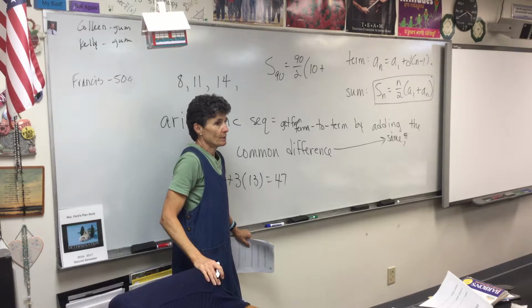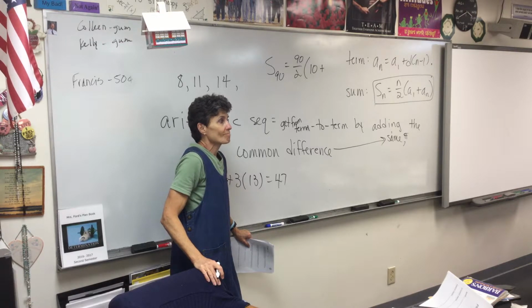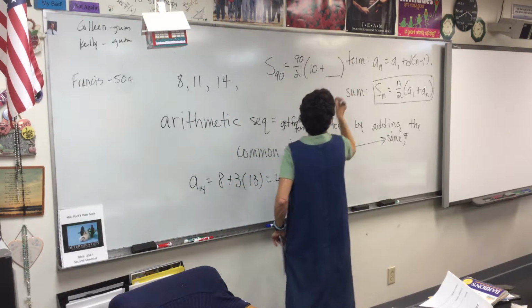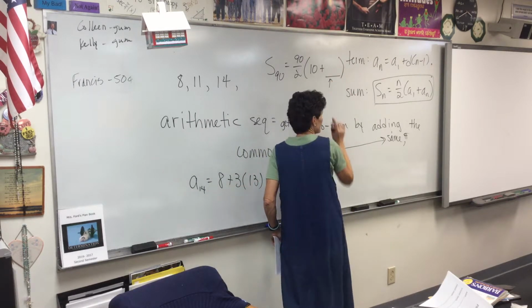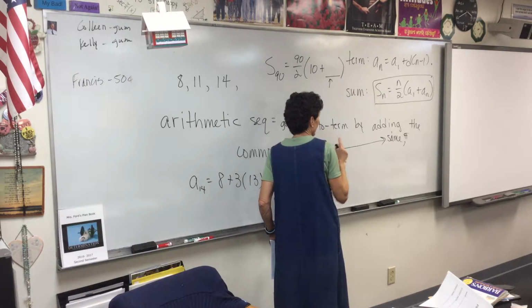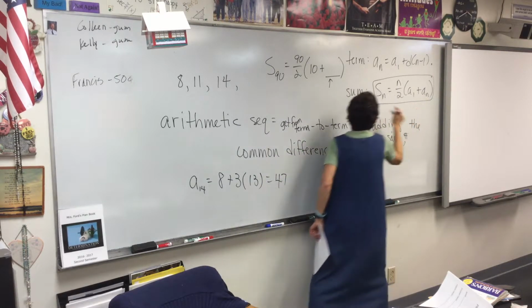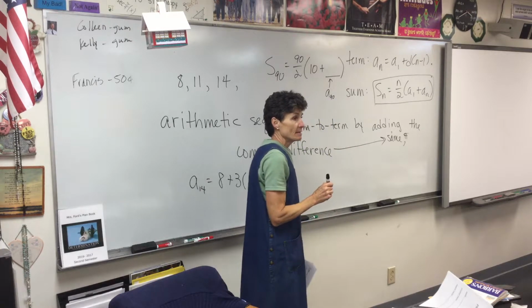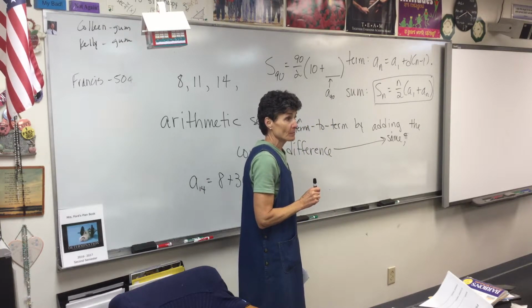Oh, shoot. So we took the terms. What's going to go right here? No, not the number 90. What's going to go there? A sub 90, which is the 90th term.